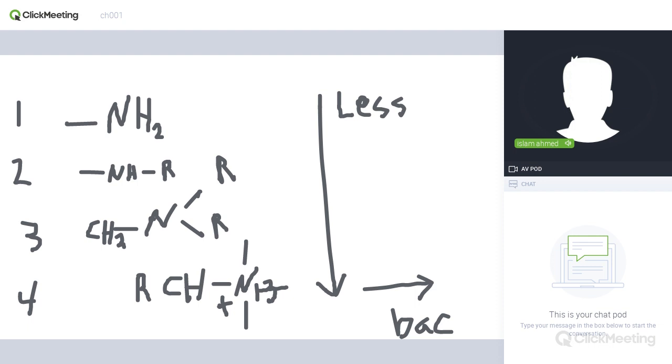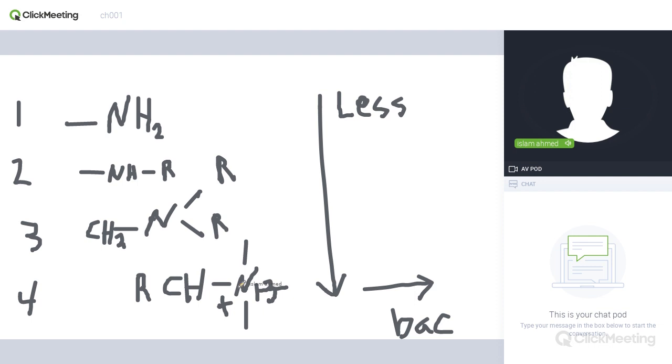Also, the same rule for solubility. As the number of R increases, that gives lipid solubility, and if it is a low number of the alkyl group here, meaning, for example, CH3, CH2 or CH3 or if any, it will be more water soluble.